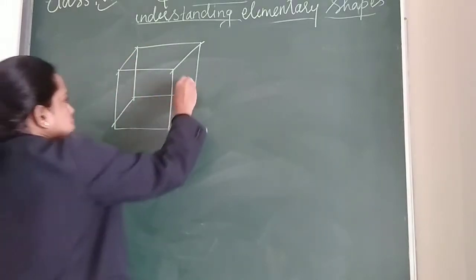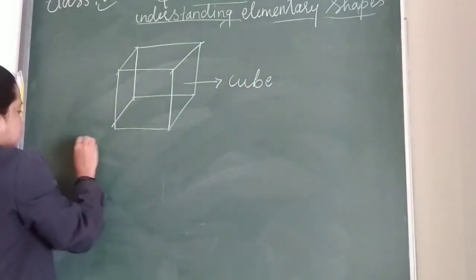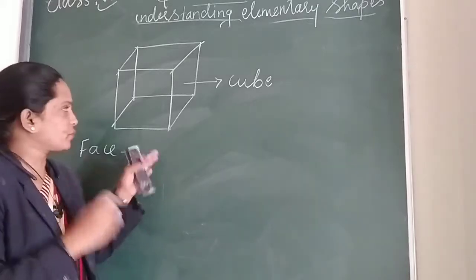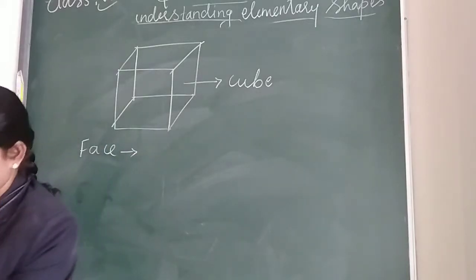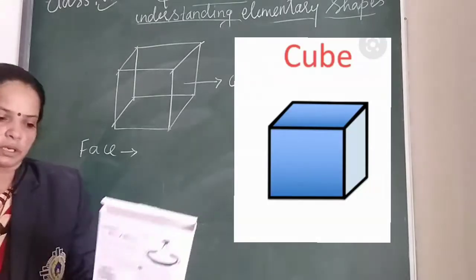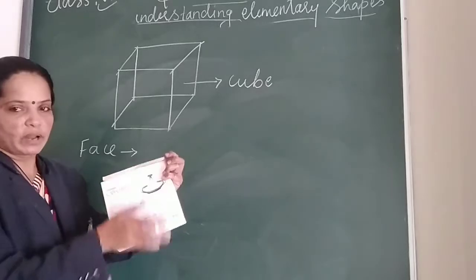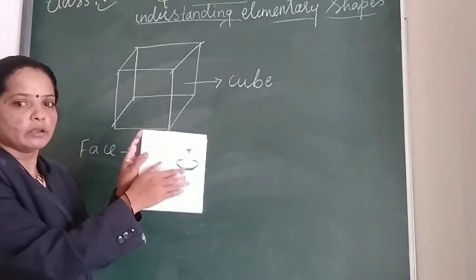The name of this solid figure is cube. What do you mean by face? The flat surface of the solid figure. This is the solid shape, this is the flat surface, and this is called a face.